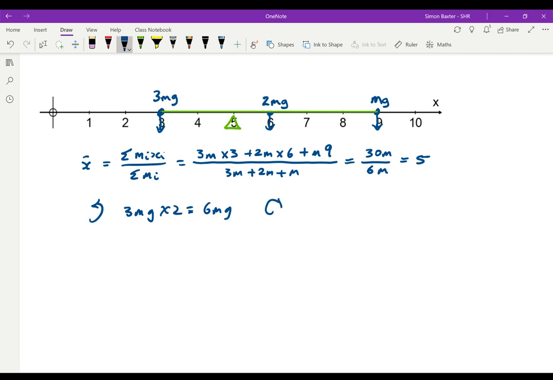My clockwise moment is going to be 2mg times 1 plus mg times the distance from 5 to 9, which is 4, which is 6mg. And so the moments balance out, and it's sensible to say that the system would balance about the point where x bar is 5, and we say that x bar equals 5 is the center of mass of these three masses, 3m, 2m, and m.